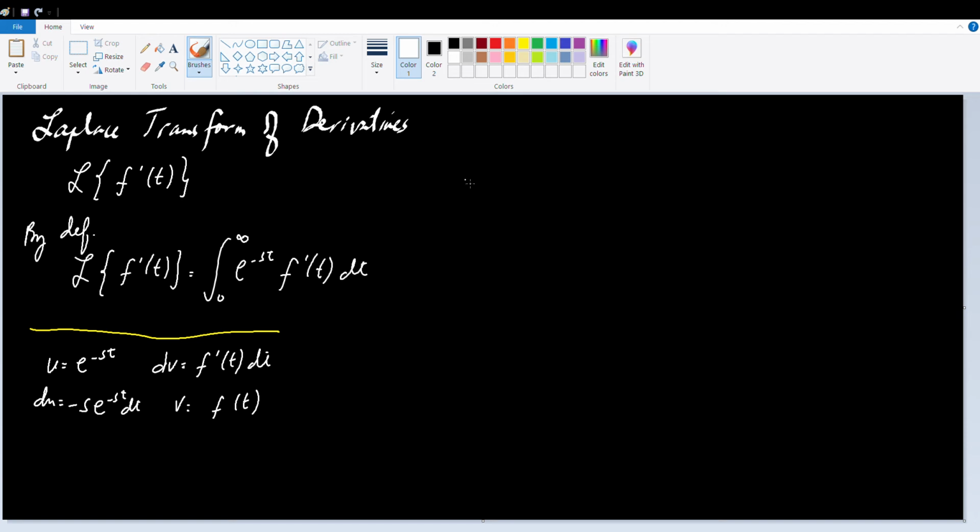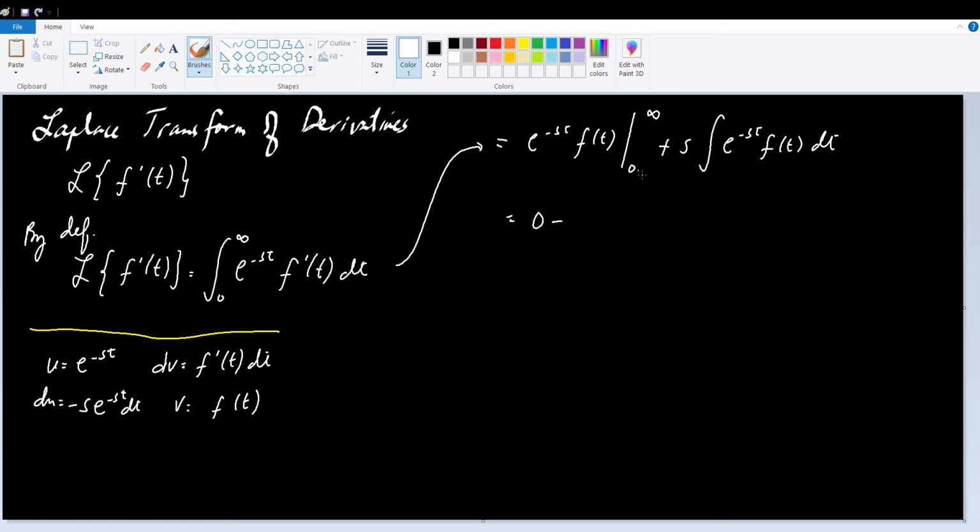So this then will become uv, e to the negative st f of t from 0 to infinity, minus negative, so positive s, integral of e to the negative st f of t dt. Substituting the upper limit, because we have e to the negative st, that will be 0, minus the lower limit.